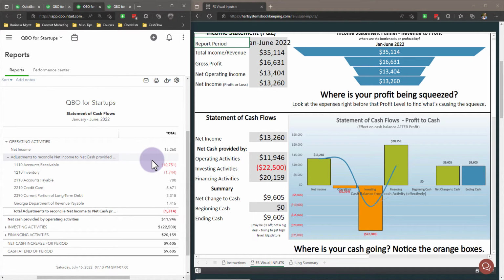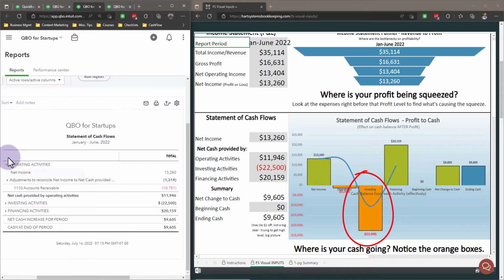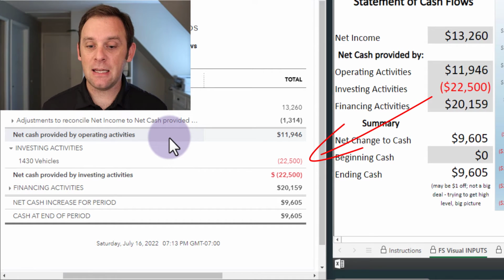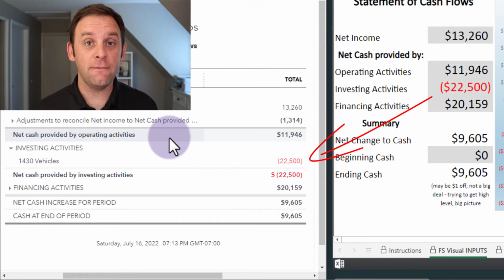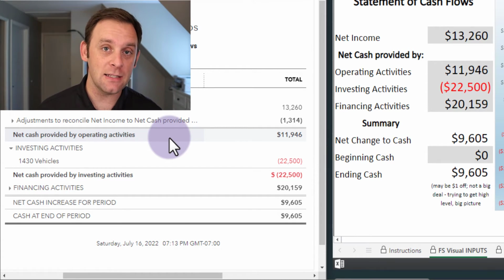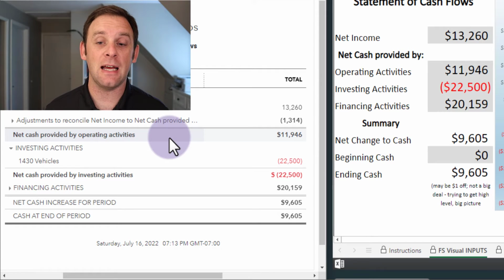Let's go down to the next one, investing. So if I open up investing, I see a vehicle. Okay, so I purchased a vehicle. I invested in my company in the form of fixed assets. So you should get a return on that investment. Fixed assets, especially all your assets really, but let's think about fixed assets mostly.